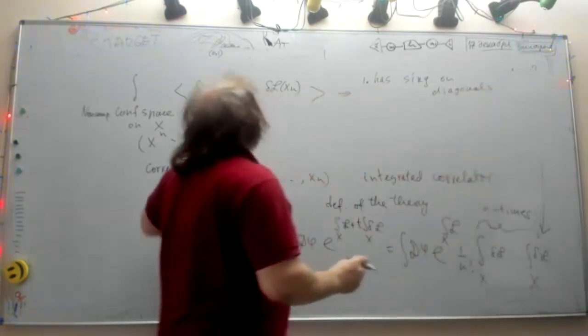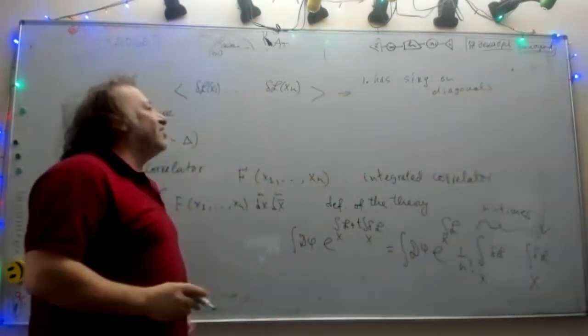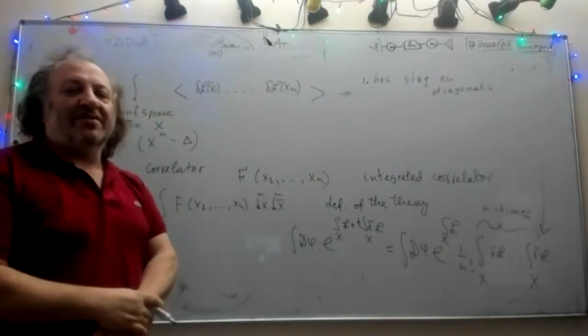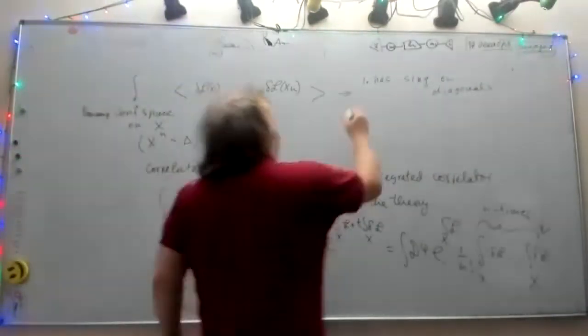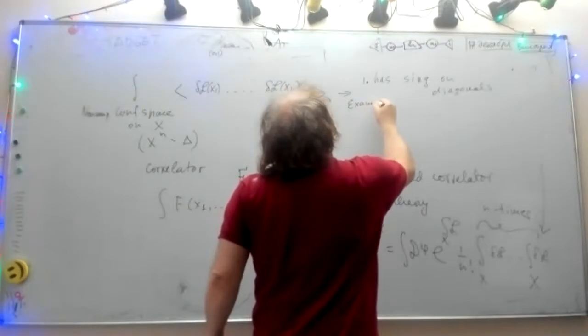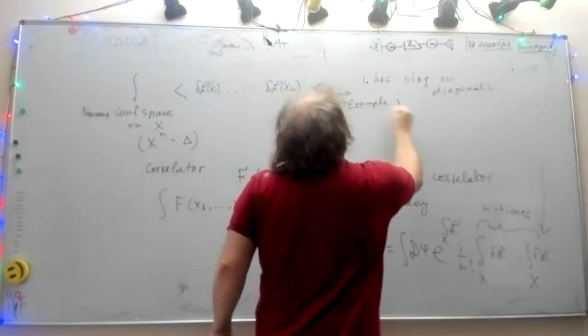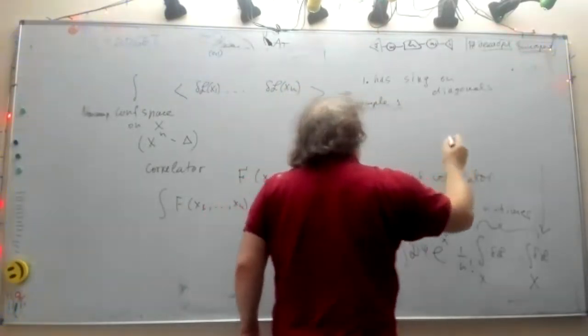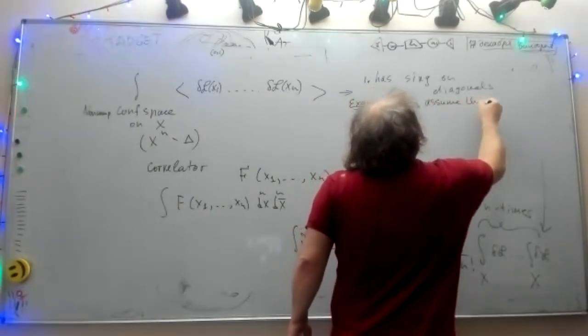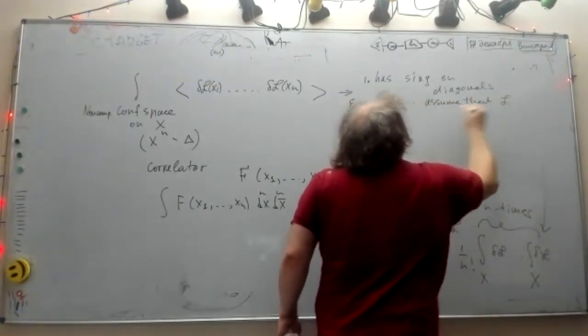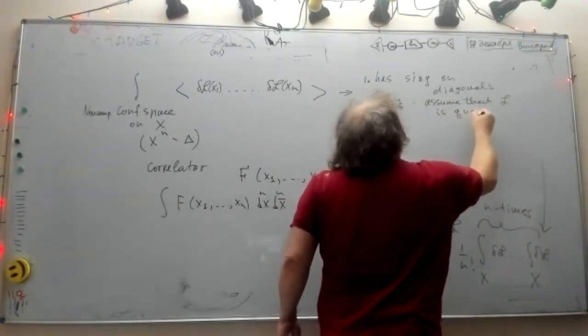How can we see that this object in general has singularity on diagonals? By examples. Example 1. Assume that L is quadratic.